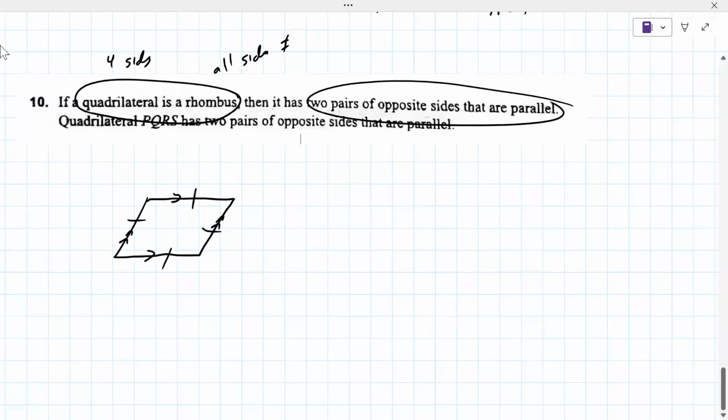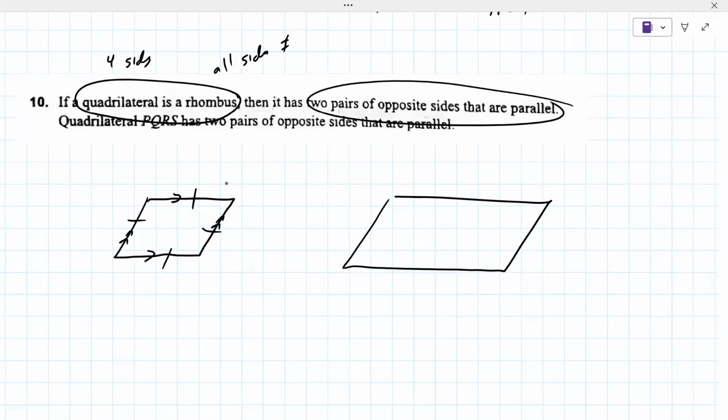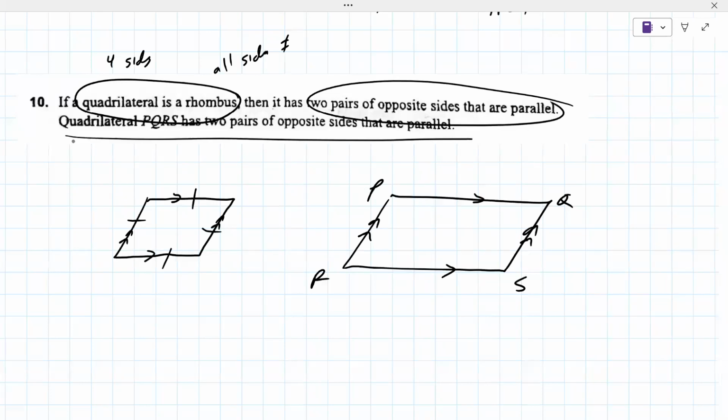But then it says in the second sentence, there's quadrilateral PQRS. It has two pairs of opposite sides that are parallel. So the problem here is that in this next example, PQRS, these can be parallel, but it doesn't mean that they're all congruent. And the way I've drawn it, you can see that very clearly. The top and the bottom are longer than the right and the left. So the problem here is that it does not follow in this second example that this is true. It's not a guarantee that PQRS is a rhombus.